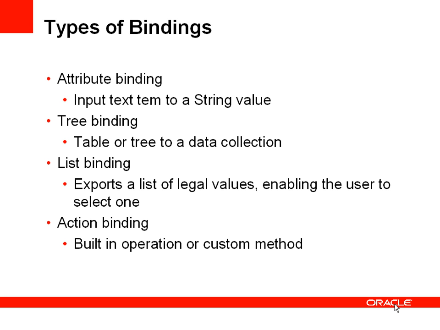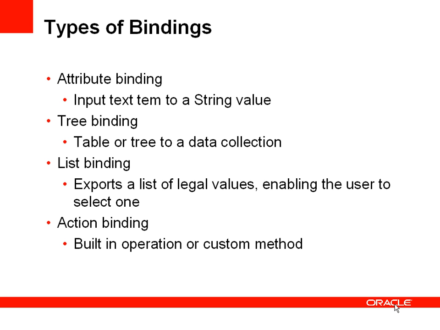You could have a tree binding, and a tree binding is used both for a table or a tree control, and that's used to bind to a collection of data, so many rows and many attributes of data. You can also have a list binding, and a list binding includes a list of legal values such that the user can select, and this would typically be used for some sort of combo box or drop-down list type of component, where as well as defining a value for the field, you also want to see a list of options.